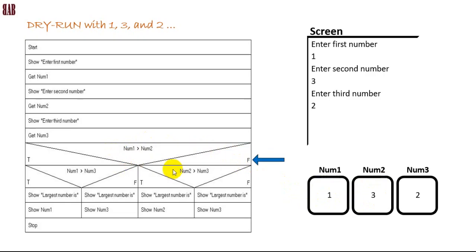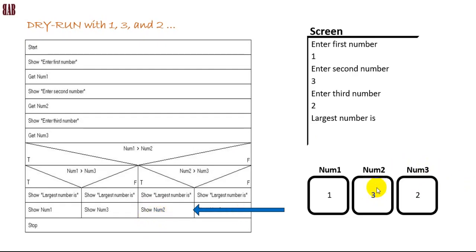Then in the false side, again, there's another decision box to test whether num2 is greater than num3. In this case, num2 is 3, num3 is 2. So num2 is greater than num3 is true, because 3 is bigger than 2. Therefore, this condition is true. And so you come to the true side, and because it comes to the true side only, it will print the largest number is and display num2.